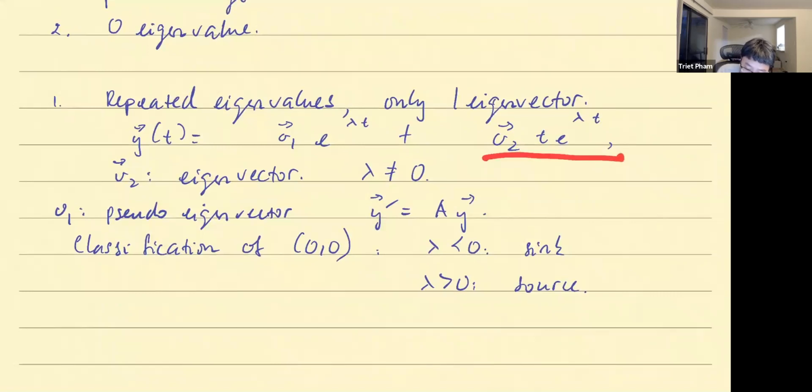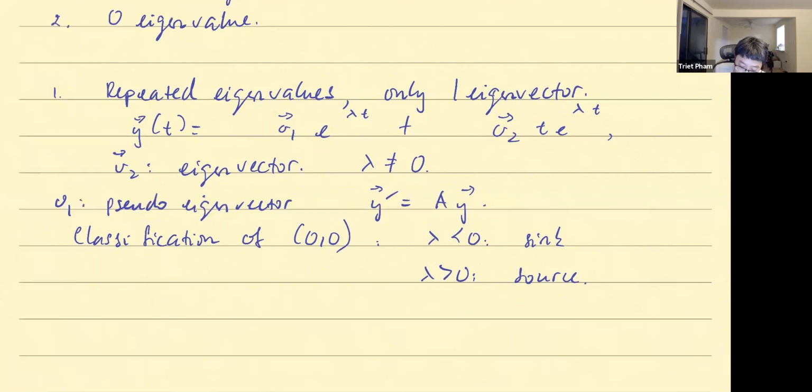But the V1 may not be a straight line, because remember, a multiple of a pseudo eigenvector doesn't have to be a pseudo eigenvector to begin with. So the V1 here is whatever that is. When we want to sketch, our solution is basically a combination of these two.